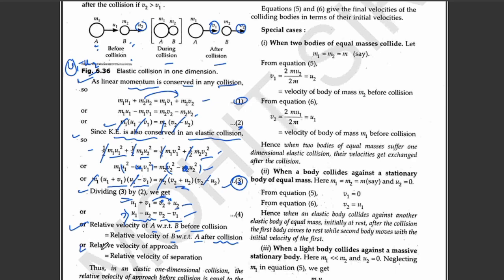We can also say it as relative velocity of approach, that is u1 minus u2, the difference between their velocities. And after that, since v2 is greater than v1, it will be v2 minus v1, and this is our relative velocity of separation.